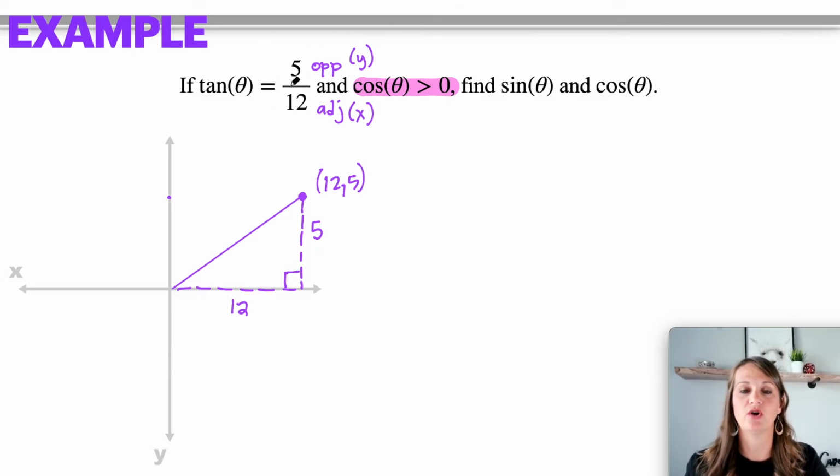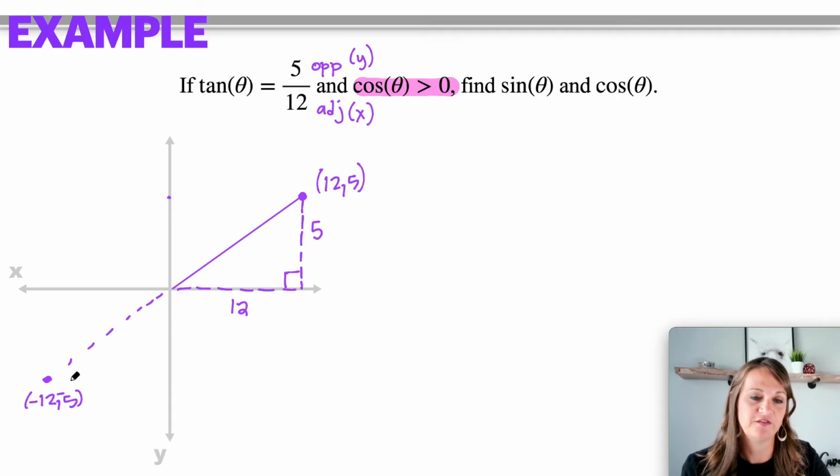So you don't know if the 5 and 12 were both negative in order for you to have a positive tangent, because if that's the case, then the point would actually have been here at negative 12, negative 5, which means you would have had this triangle, which is negative 12, negative 5.